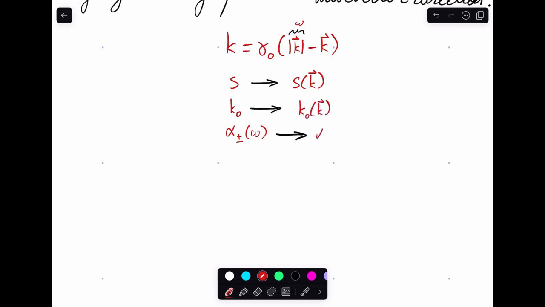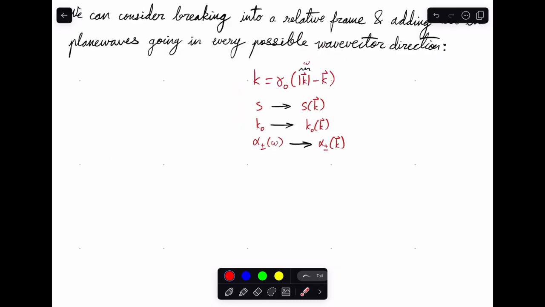All this might look much different, but in reality, what we're just saying is that when we break into relative frames, all of these values will break into relative frames that depend upon these wave vectors. So it's just an acknowledgement that when we break into a frame, this S will depend on this K. So we just choose a reference frame to define everything else in terms of.